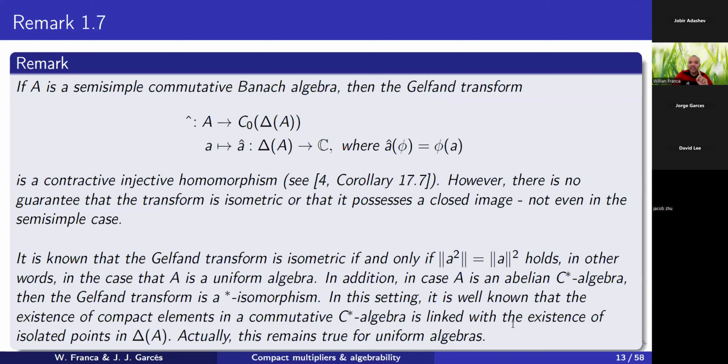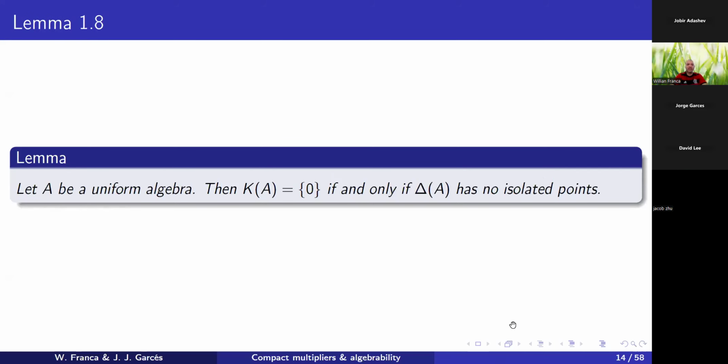This fact is also true for uniform algebras, as I'm going to state in the sequel. So if A is a uniform algebra, K(A), I mean the set of compact elements of your uniform algebra A, is zero if and only if the spectrum has no isolated points. So this is also known.